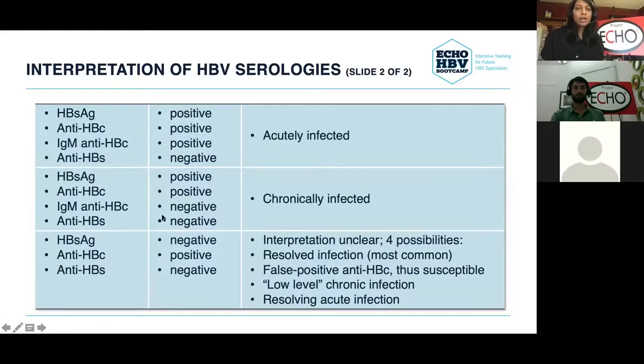So let's go on to the few other ways that the test can come back positive or negative, okay, to see how we would interpret these tests. So again, if your surface antigen is ever positive, it simply means that you have hepatitis B infection. And the way to distinguish acute infection, meaning having recently acquired it, is checking for the core antibody IgM.